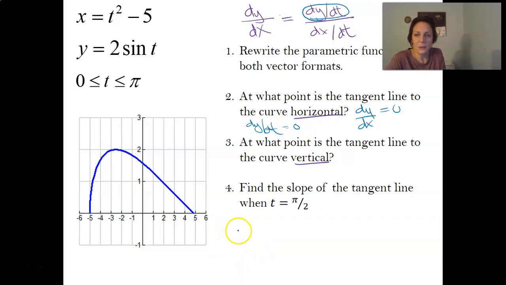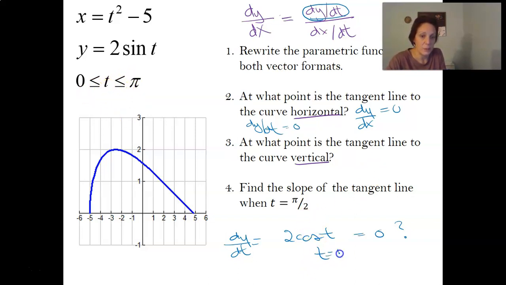So I'm going to take my derivative. Dy dt is 2 cosine t, and I say, well, when does that equal 0? That's going to equal 0 when cosine equals 0. And when does that happen? On this interval, cosine is only going to equal 0 one time, and that's at pi over 2.